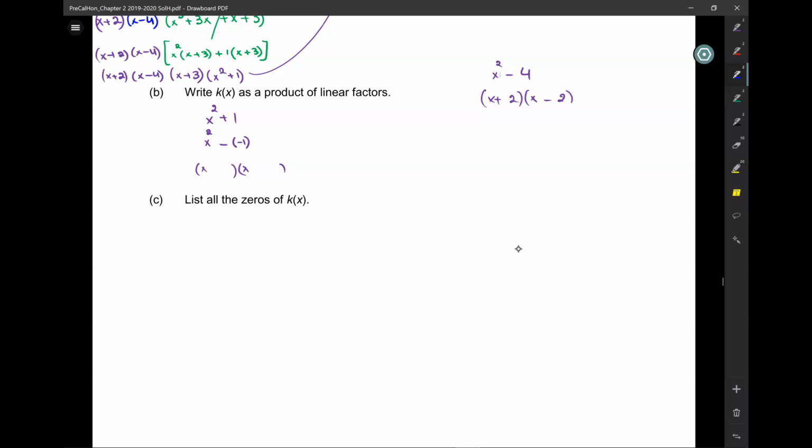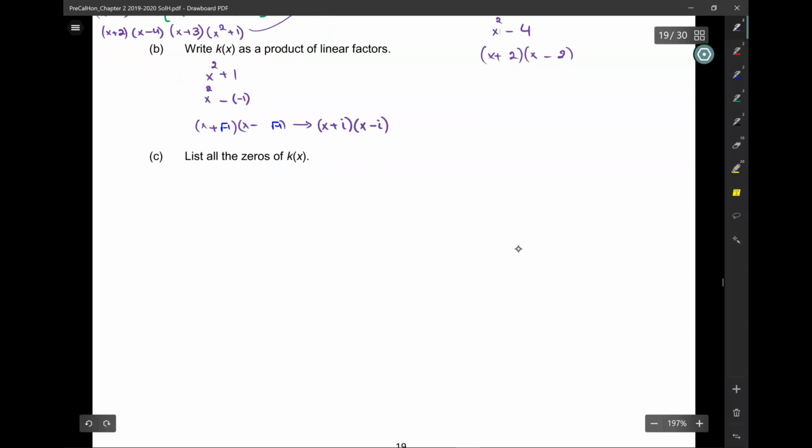Now, if in here I want to put the square root of negative 1, square root of negative 1, and then plus or minus. So finally, what does that give me? X plus i, x minus i. Okay?